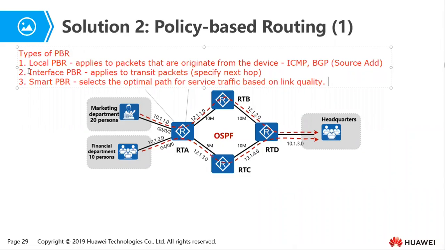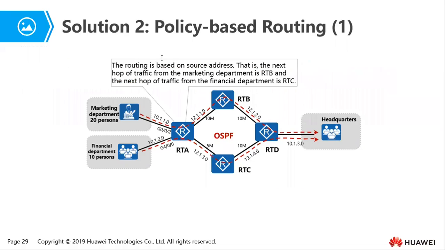In this particular training, we are not going to look at smart PBR. We are going to configure interface PBR shortly. So those are the three types of policy-based routing: local, interface, and smart.